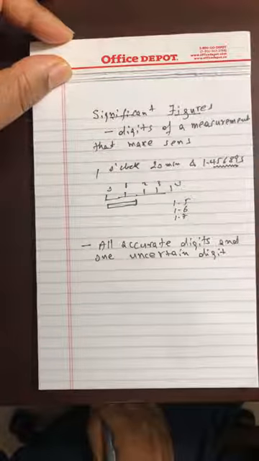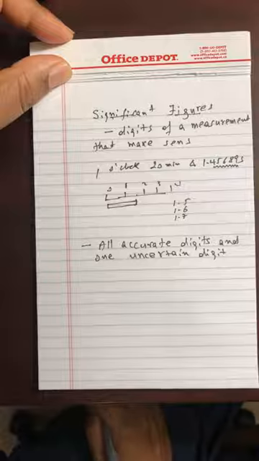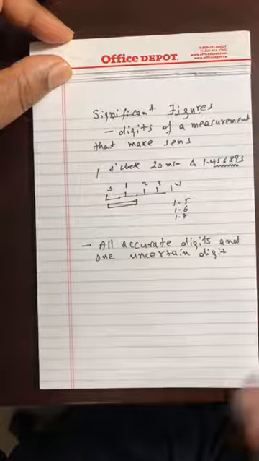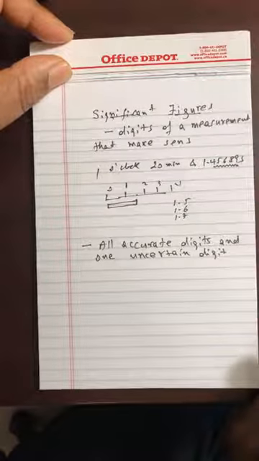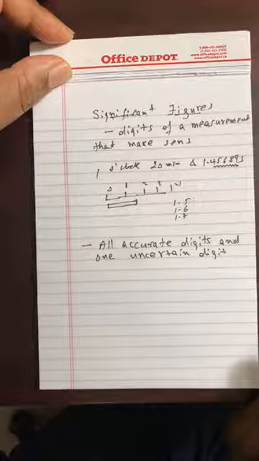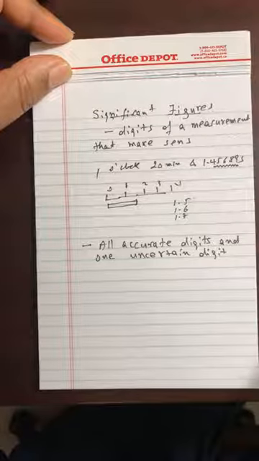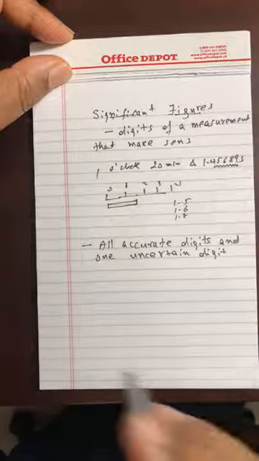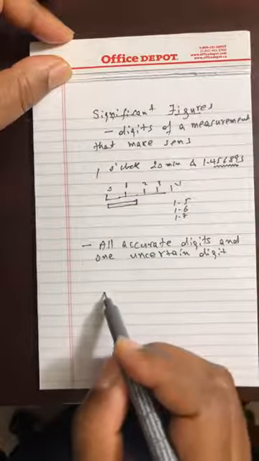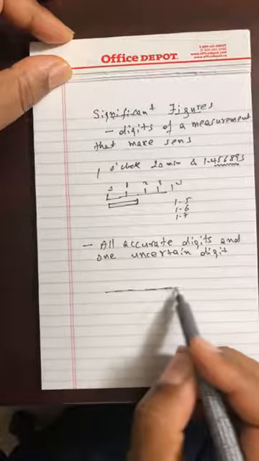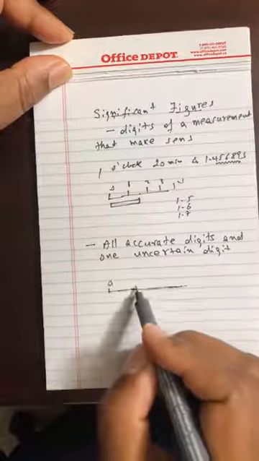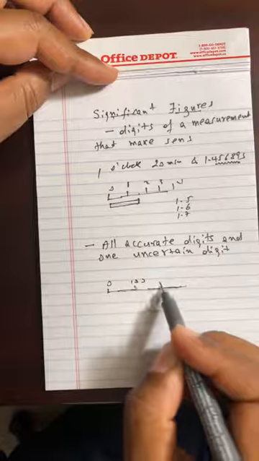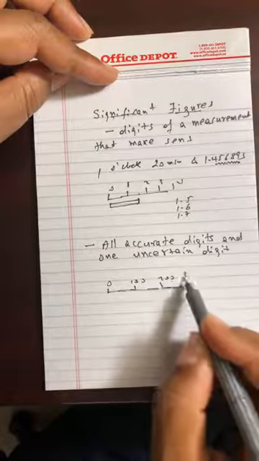Now, when you report a measurement, you should include only significant figures, but sometimes you'll be forced to include zeros that are not significant because zeros are also used to hold decimal places. For example, let's say this device goes in steps of 100. Let's say 0, this is 100, 200, 300, and so on.